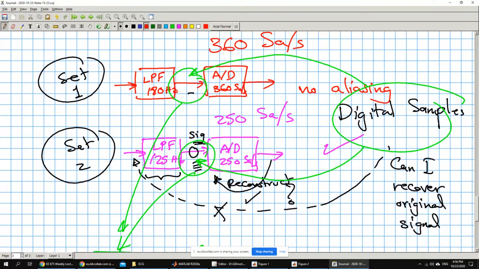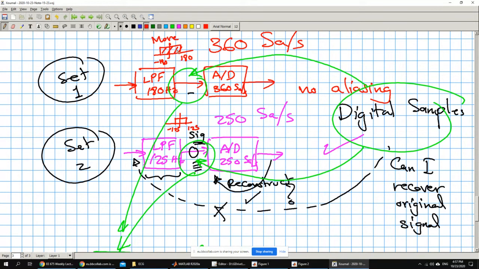I consider the signal I have here as information from minus 180 to 180 hertz. Information here is from minus 125 to 125. So obviously here I have more information because I have more frequencies. Here I have less information than this.